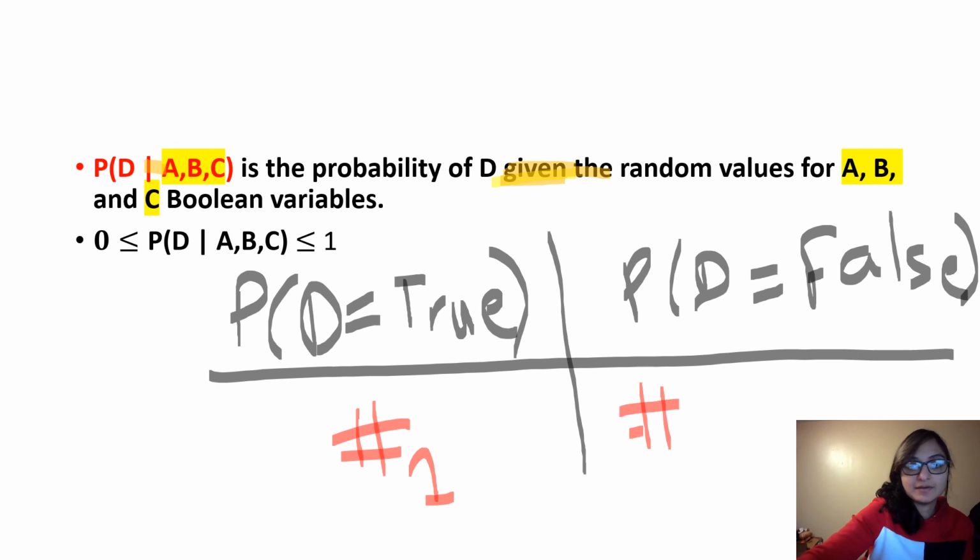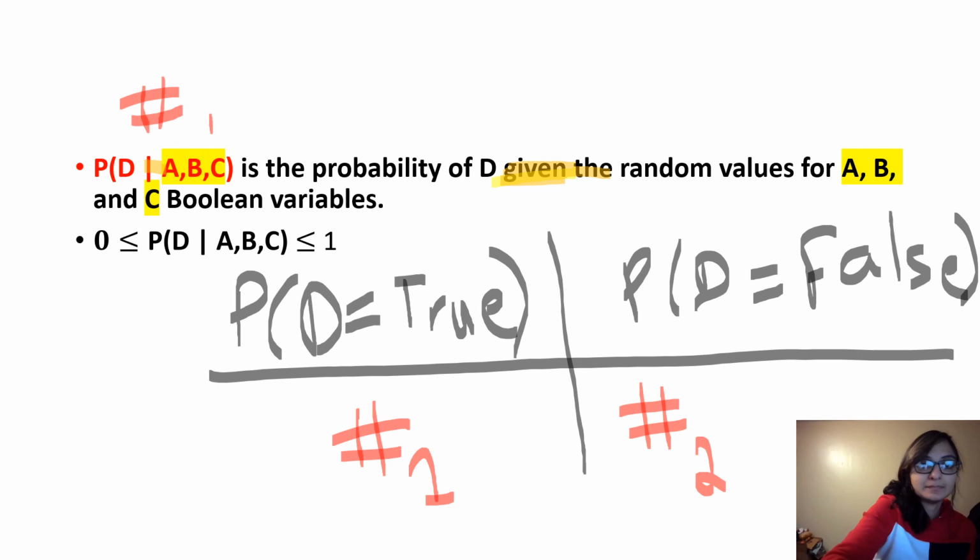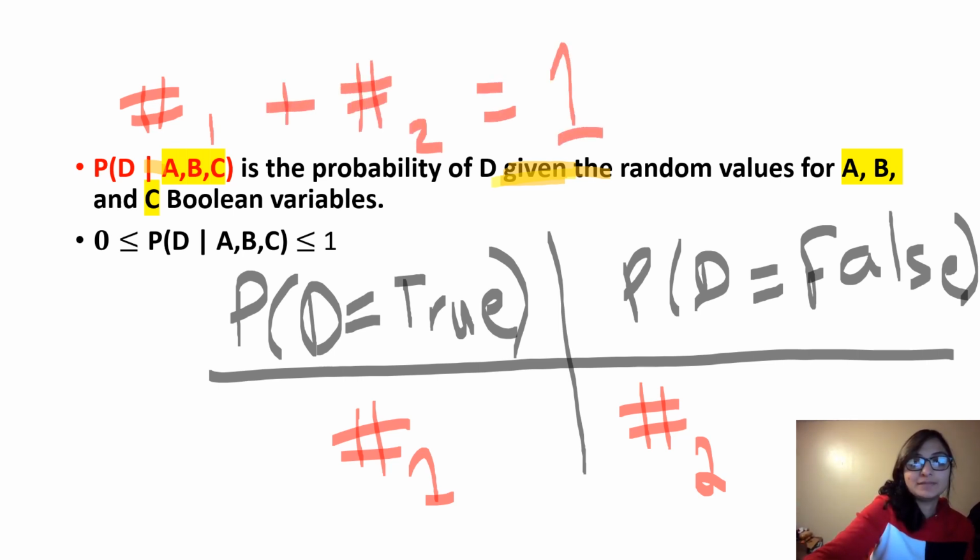Number 1 plus number 2 have to add up to 1. But we're trying to find the probability of D being true or false given the random variable values that we observe for A, B, and C. So it's a conditional probability that is dependent on what we observe for A, B, and C. And that's what determines the probability distribution for D.